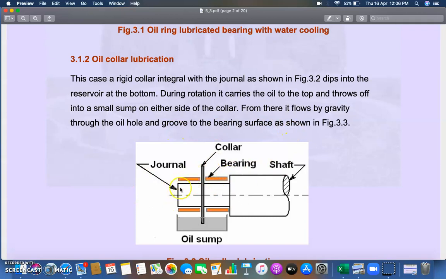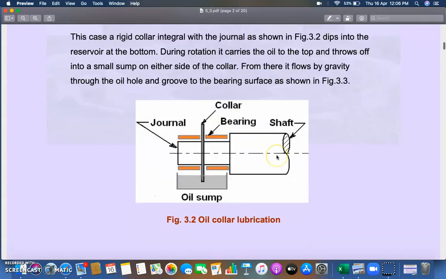This is the whole bearing case, this is your journal, and this is the collar. The collar throws the lubricating oil from here to the sump, and from here it flows to the oil grooves of the bearing surface.